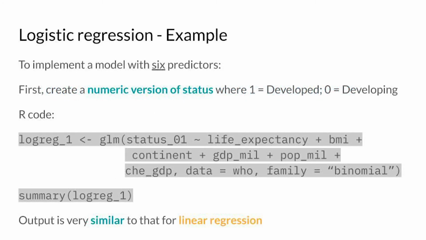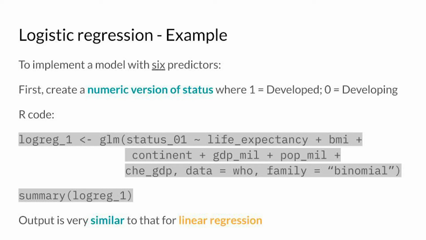To implement this model in R, instead of using the LM function, we would use GLM, which stands for Generalized Linear Model. We would first need to wrangle our status variable, or create a new variable, such that countries with a developed status have a numeric value of 1, and developing countries have a value of 0. If we call this variable status_01, then we could use the code below to fit a logistic regression model with 6 predictors.